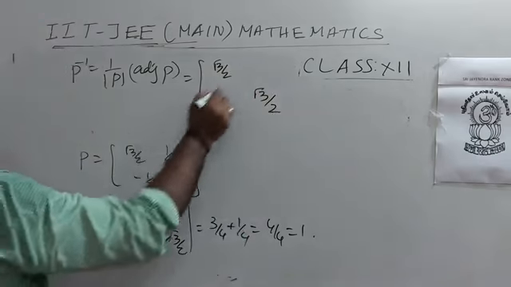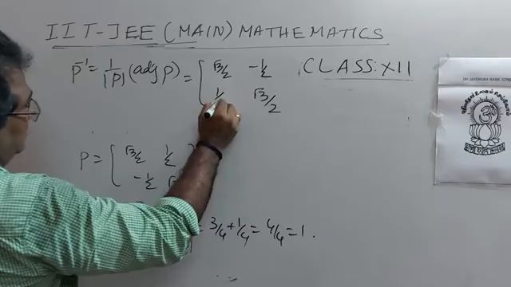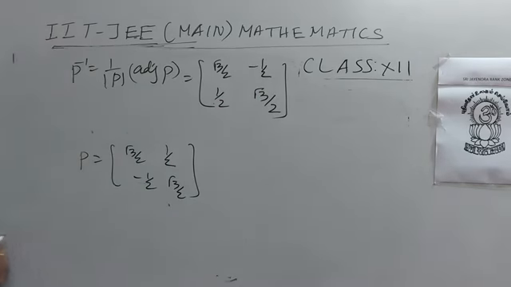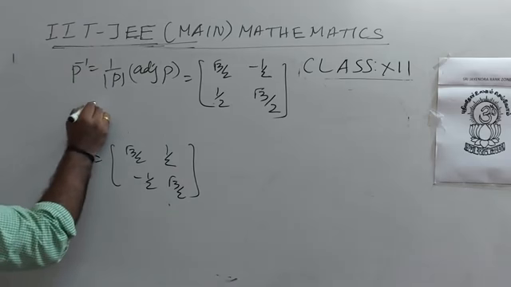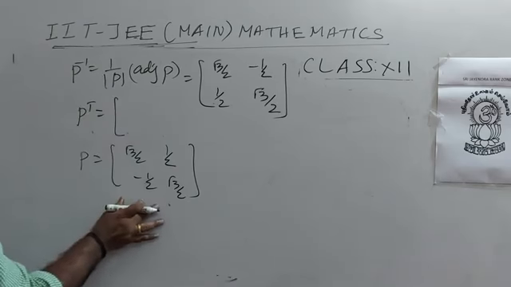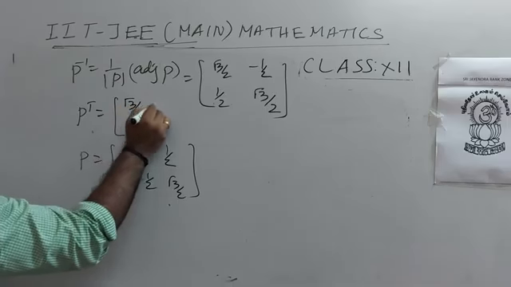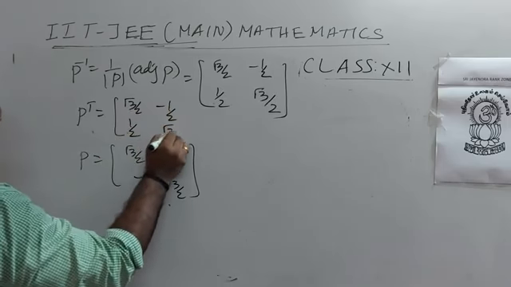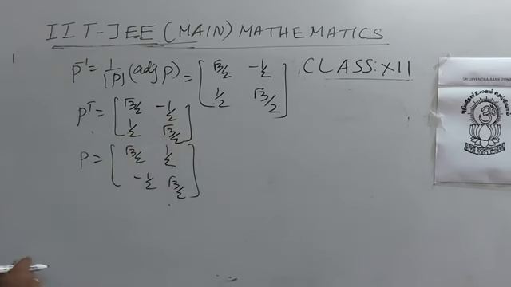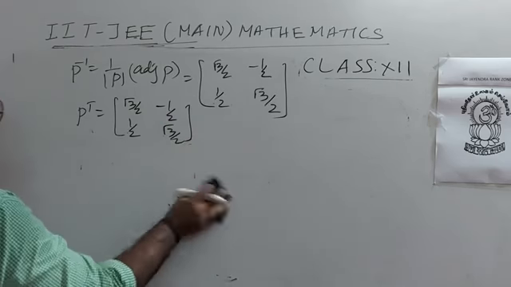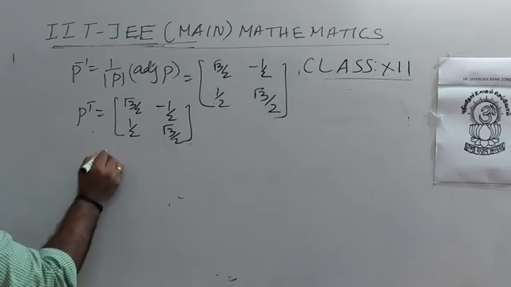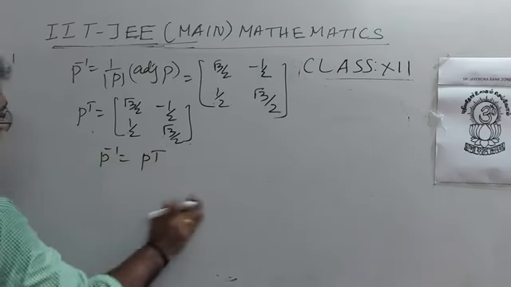Change the sign here: minus 1 by 2, here plus 1 by 2. That is P inverse. Now find P transpose. This is P; find the transpose. You observe P inverse and P transpose are the same. So P inverse equal to P transpose.